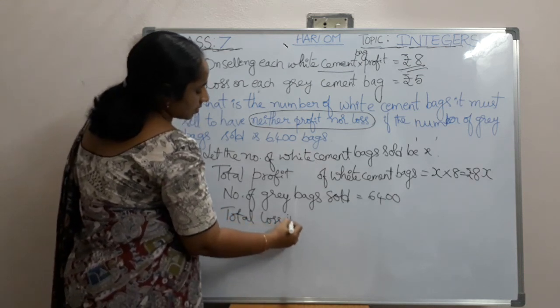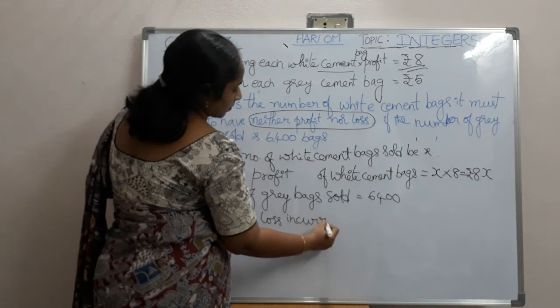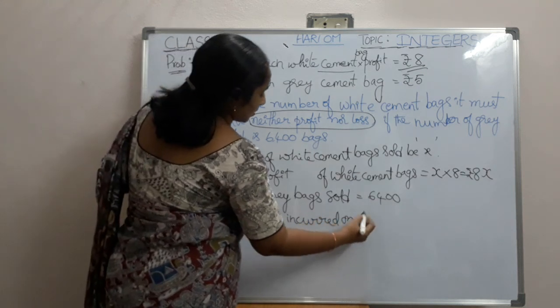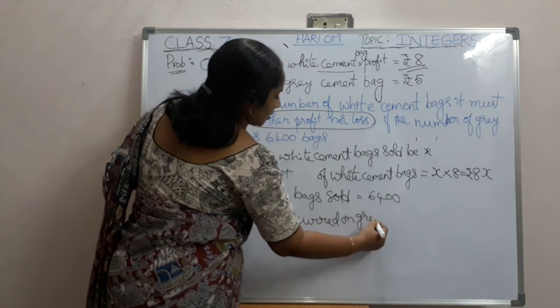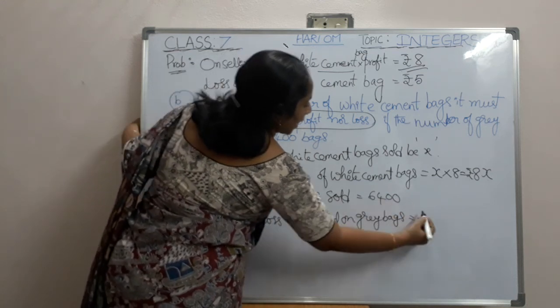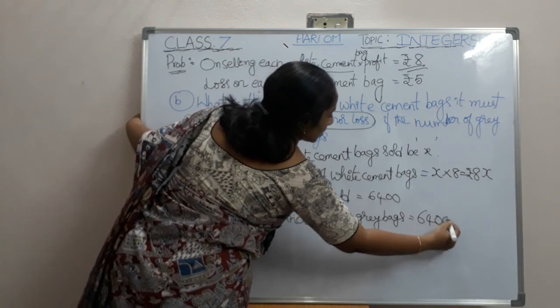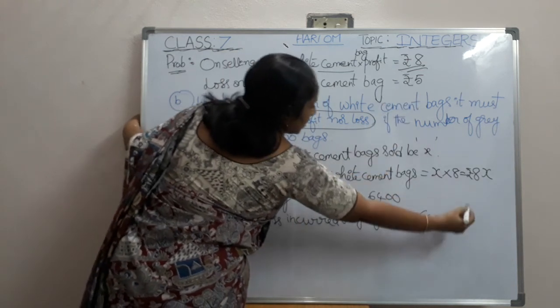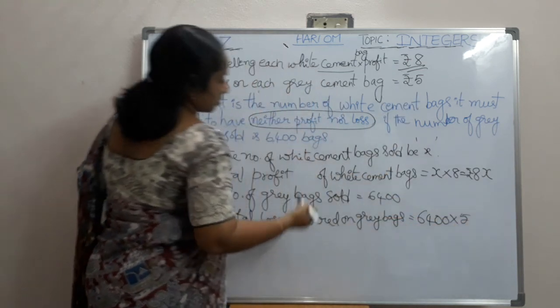Total loss incurred on grey bags is number of bags 6400 and each on loss is 5 rupees.